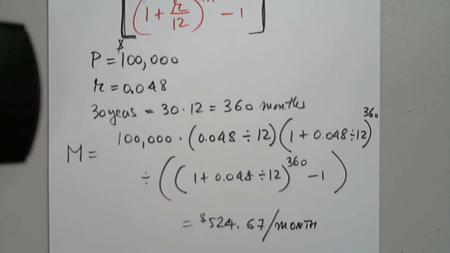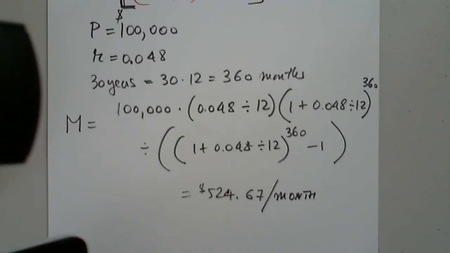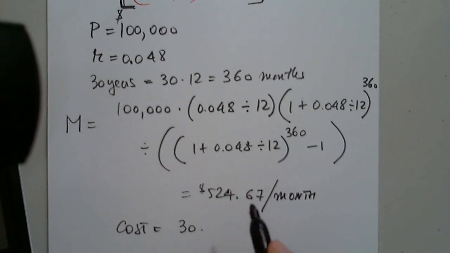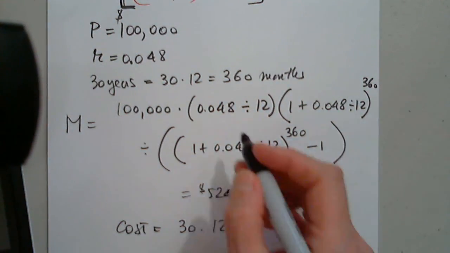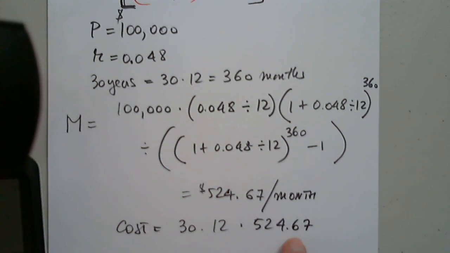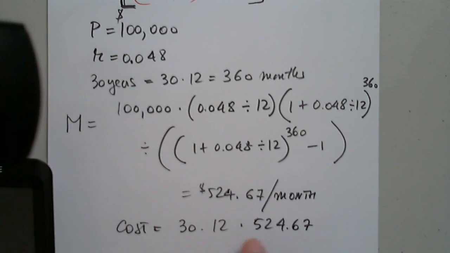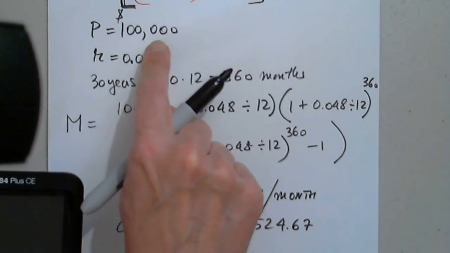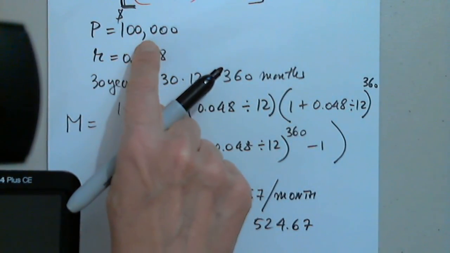And now I would like to know how much the loan will cost. Because I have 30 times 12, which I already know is 360, times $524.67. I will pay every month, every year, per month, times a year, times the number of months. Let's see how much is over 100,000. We are borrowing 100,000.